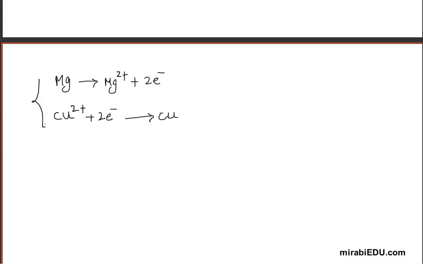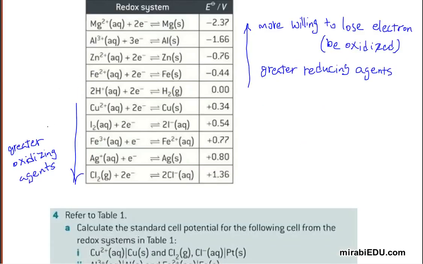In this table 1, copper is here, magnesium is here. Magnesium is at the top, which is very reactive, very much willing to lose electrons, and copper is less willing to lose electrons in comparison with magnesium, of course. We compare the pairs in electrochemistry.